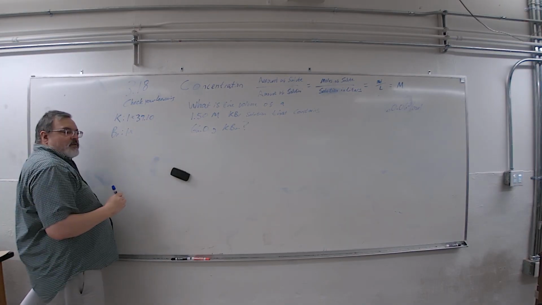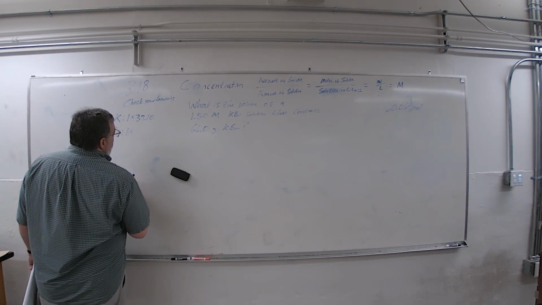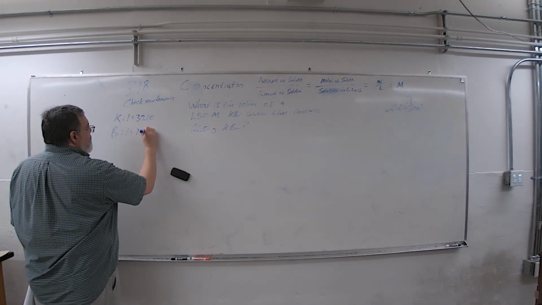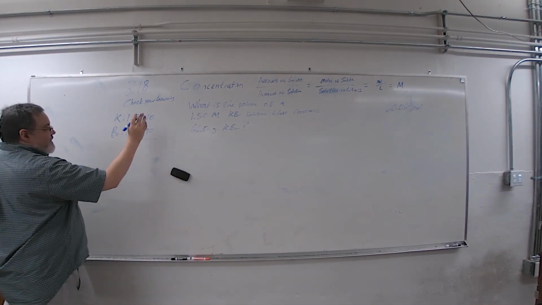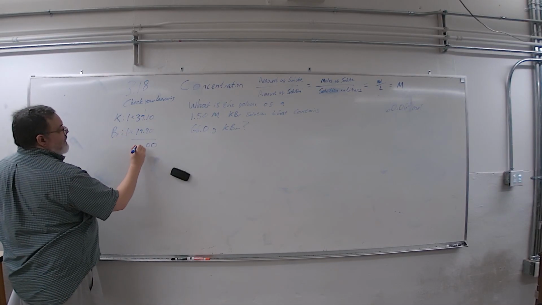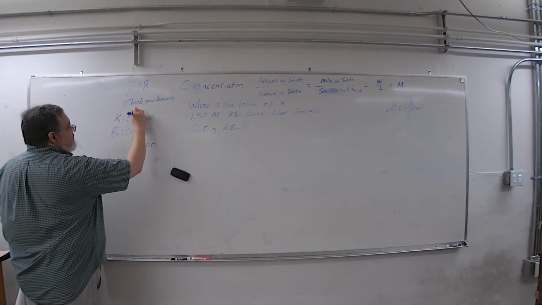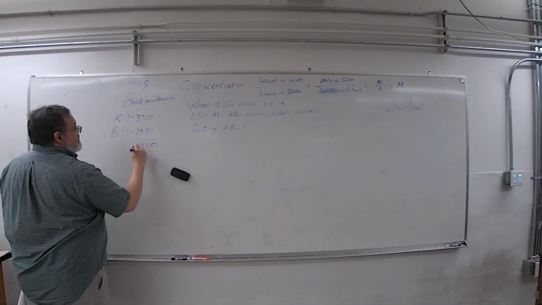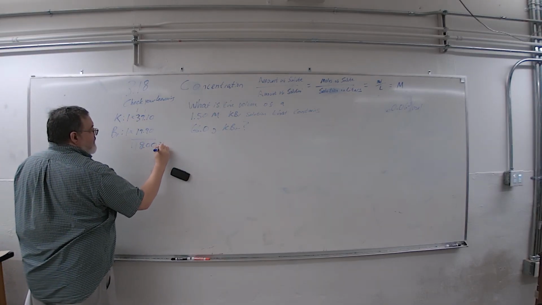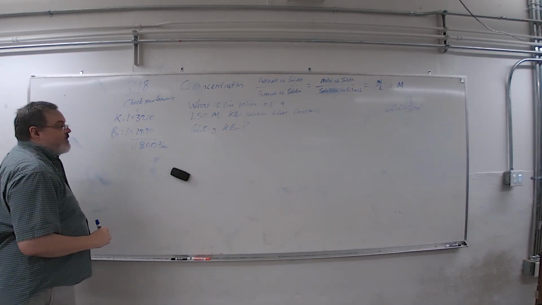And Br is 79.90. It's one of each, so I can just add them straight up. 9 and 9 is 18. 7, 8, 9, 10, 11. So 118 grams per mole. So now I've got everything I need.